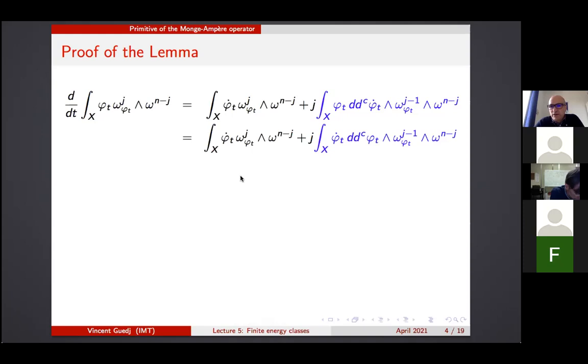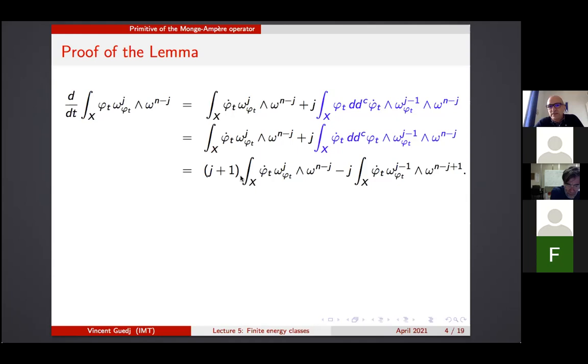And then ddc phi_t, which is in the second term on the right-hand side, I think of it as omega_{phi_t} minus omega. So I add and I subtract omega. If I do that, what I get is j plus 1 times the first term minus j times the integral of phi_t dot omega_{phi_t}^{j-1} wedge omega^{n-j+1}, because I have an extra omega coming here.